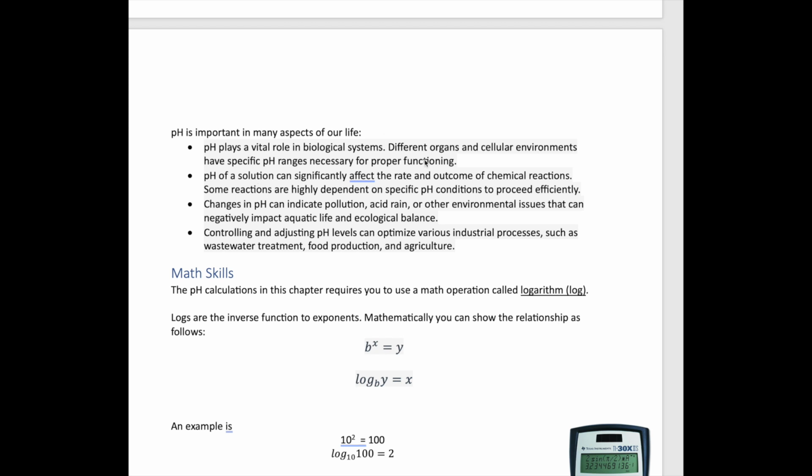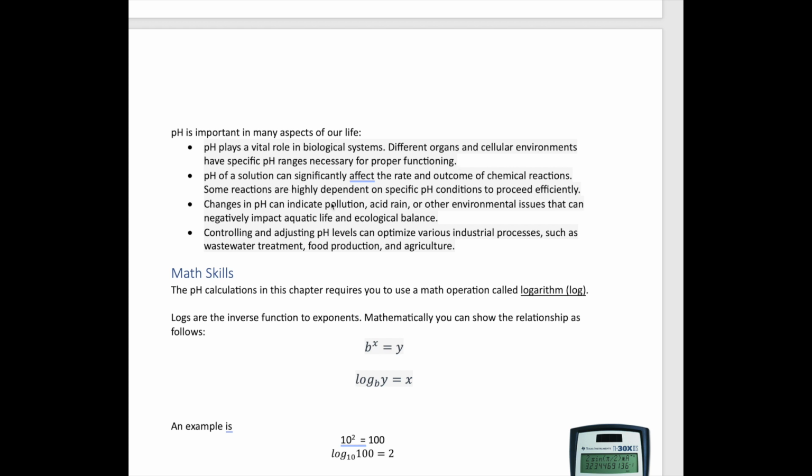And this matters greatly, for example, in biological systems. Different tissues and organs in your body need specific pH to work properly, just the same as they need specific temperatures. When you have a fever and you have a different body temperature, things don't work as well. Same thing here, if you have different pHs, then some of the bodily functions would not work as well as they should.